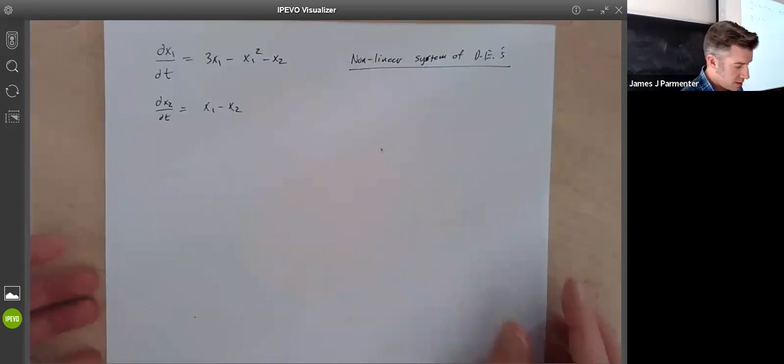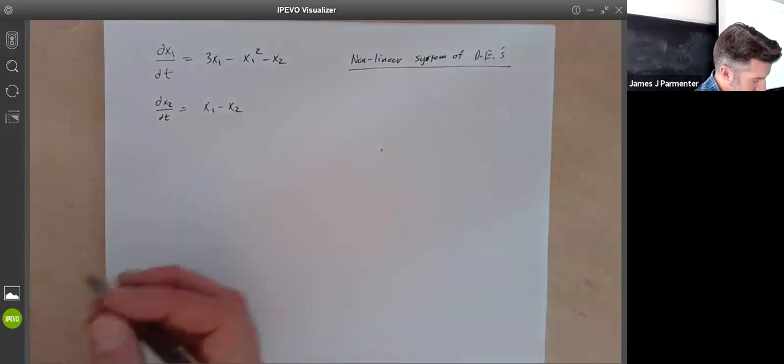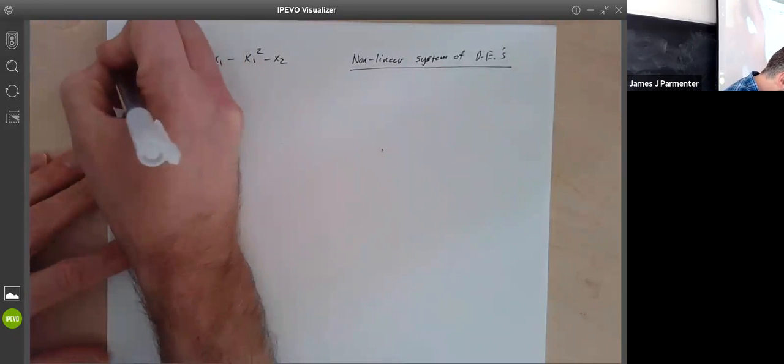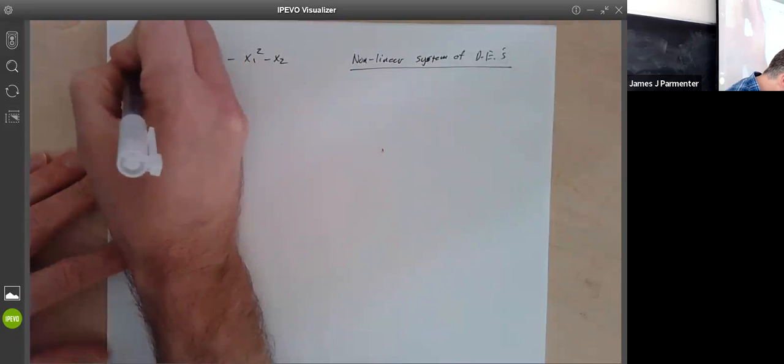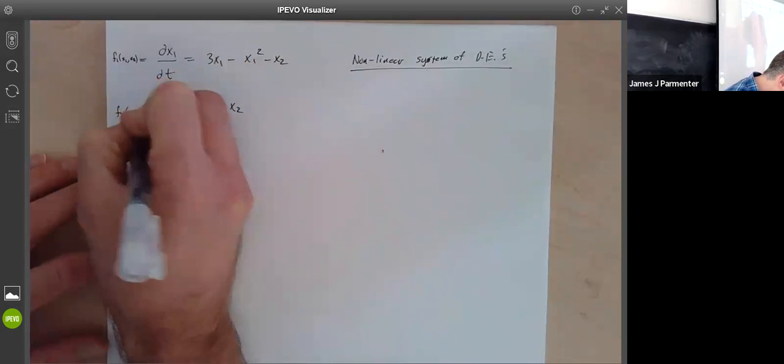And typically, what we do with this nonlinear system of differential equations, well, we're still going to find the equilibrium the same way we always would, by setting each equation equal to 0 and solving. In class, he's been calling this first equation f1 of x1, x2, and the second equation f2 of x1, x2.